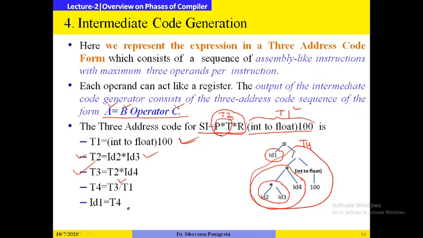So this is how we have generated the three address code. Why are we generating three address code, or why are we going for an intermediate representation? So that we can easily translate it into assembly code, and then into machine code. If any optimization is applicable, we will apply it also, so that our code will execute faster.